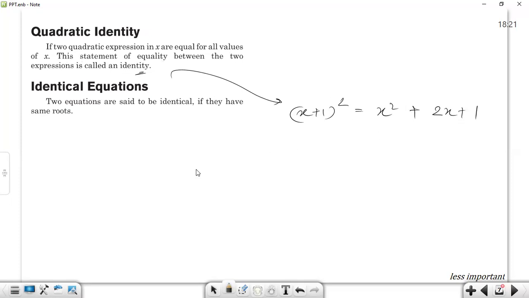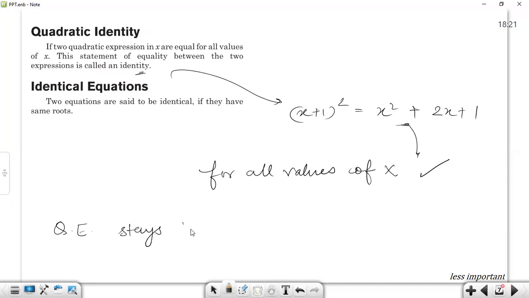The degree is 2, and for all values of x the given identity will hold true. Whereas a quadratic equation is an equation which stays true for only two values of x.